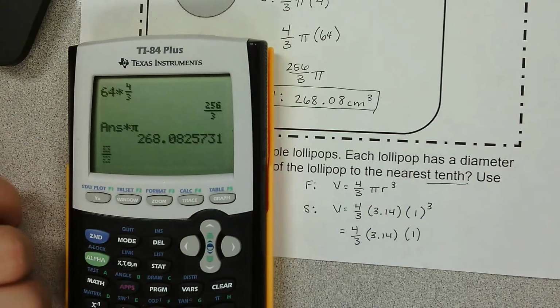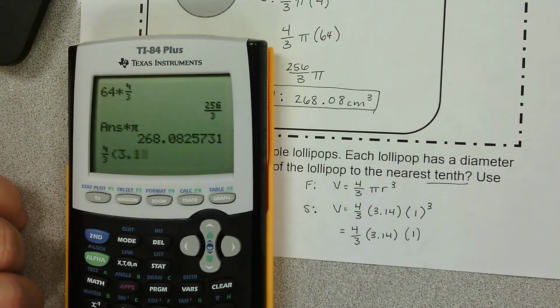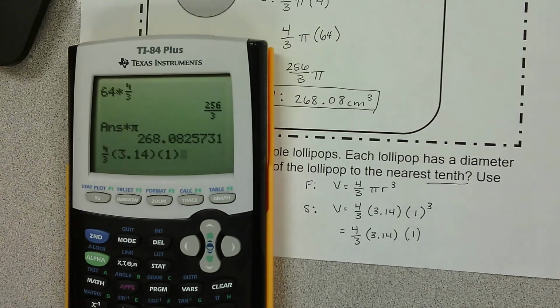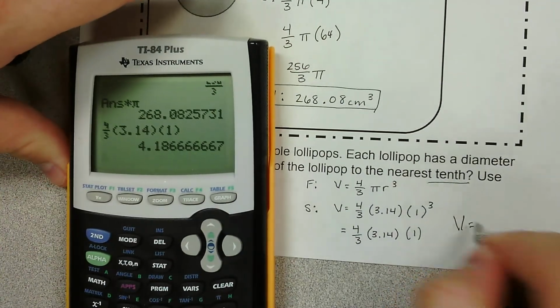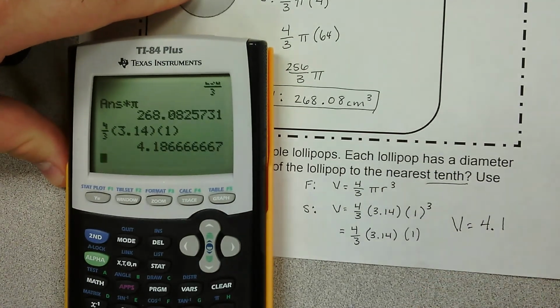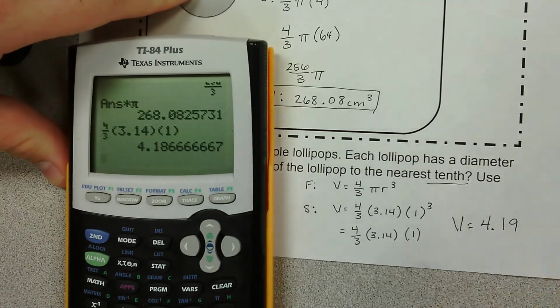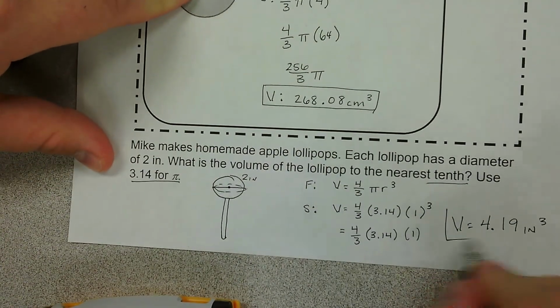So we have our 4/3 times 3.14 times 1. Okay, we're going to hit enter. So we get a volume of our lollipop of 4.19, sorry, let's go to the nearest hundredth, 4.19 inches cubed.